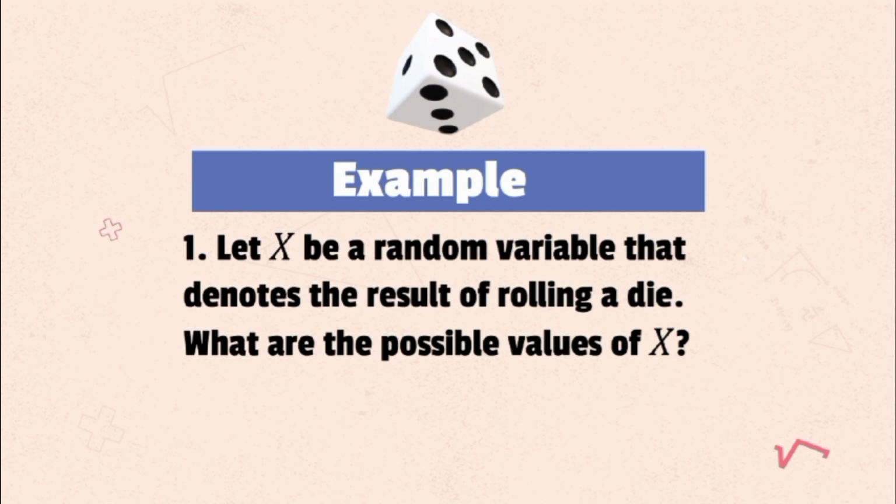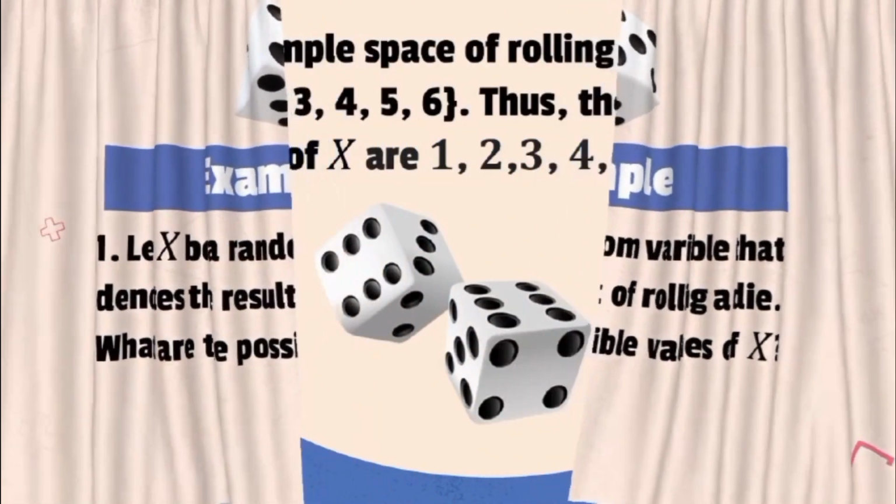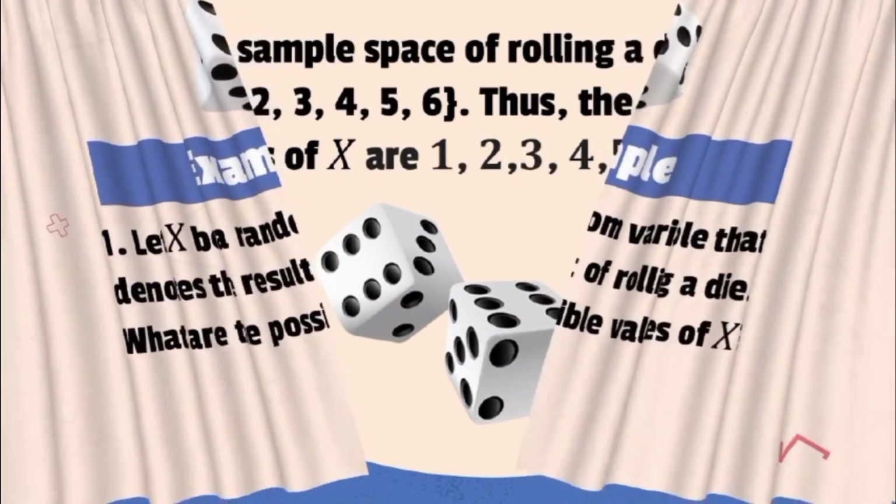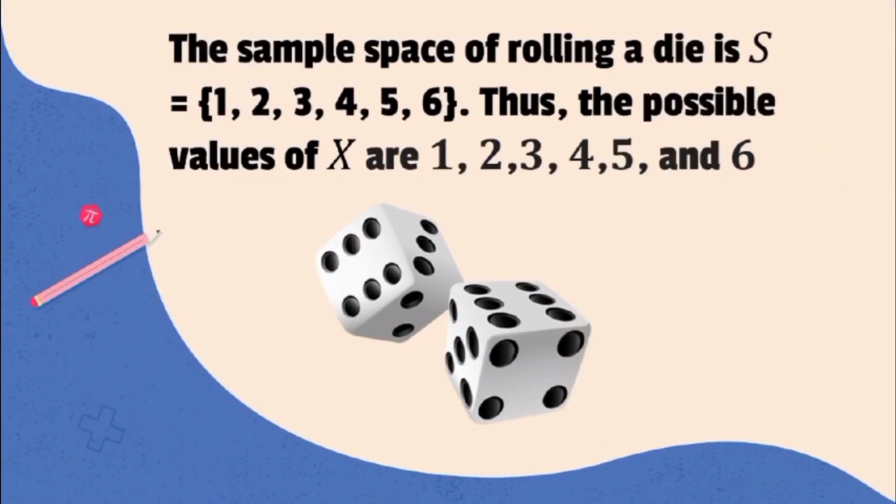And lastly, we count the number of values of the random variable. In this problem, the sample space of rolling a die is S = {1, 2, 3, 4, 5, 6}. Therefore, we can conclude that the possible values of X are 1, 2, 3, 4, 5, and 6.